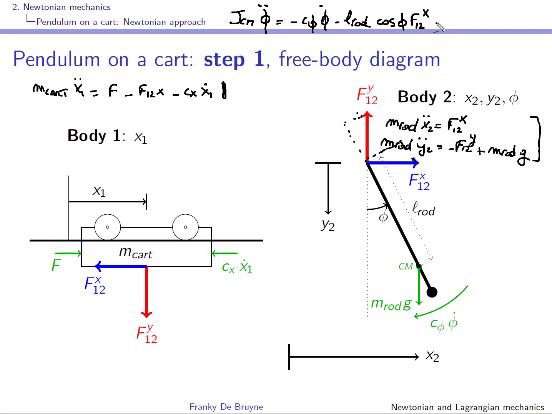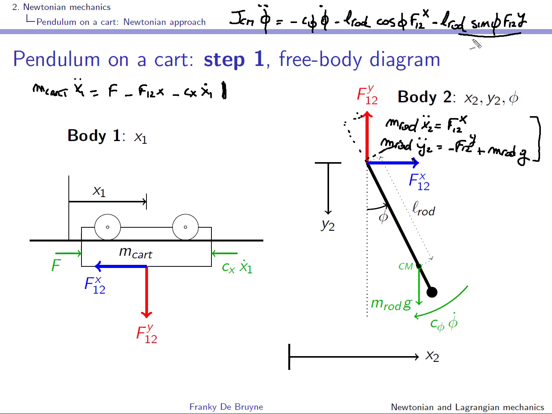And then we'll have something related to this force here, and it's minus L rod. This time it will be sine phi times F12y. And indeed you see that when phi is equal to 0, there is no torque that is produced, and this is indeed what we've seen.